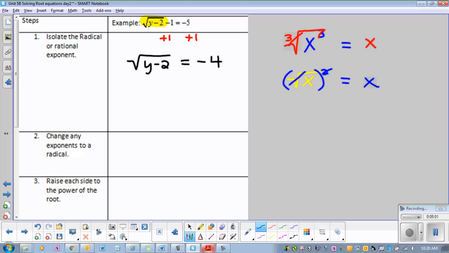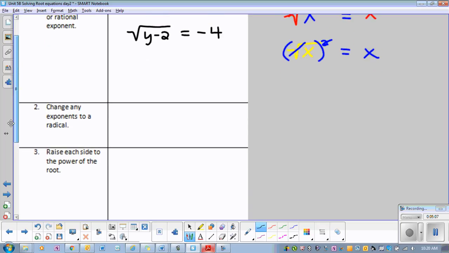Now, the next step says change any exponents to a radical. Okay. Do I have any exponents here? No, so just skip that. Now, let's bring down our problem, right? We have square root of y minus 2 equals -4.